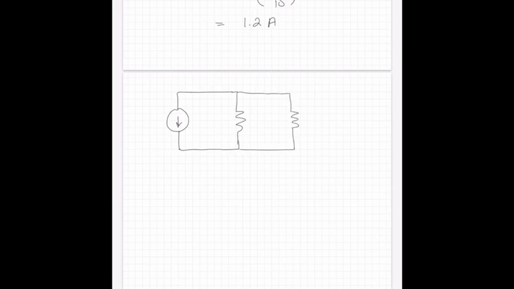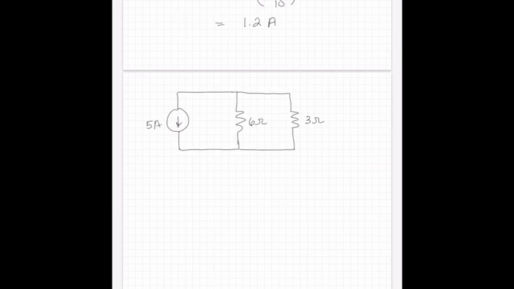So we have 5 amps, 2 resistors, 6 ohms, and 3 ohms. We have a 5 amp source.